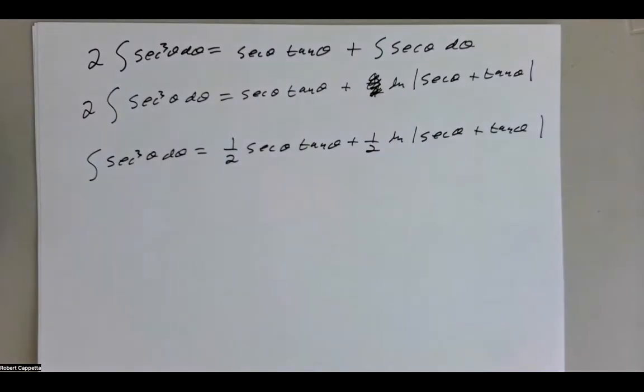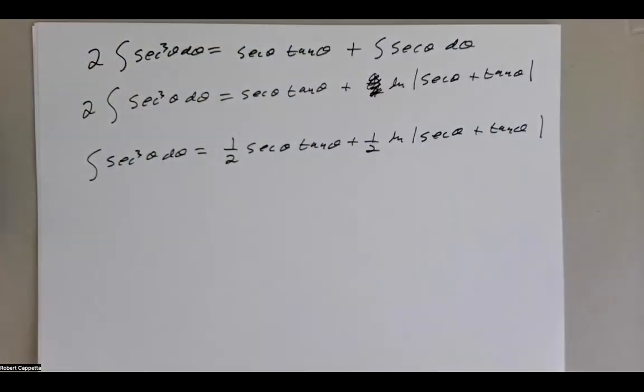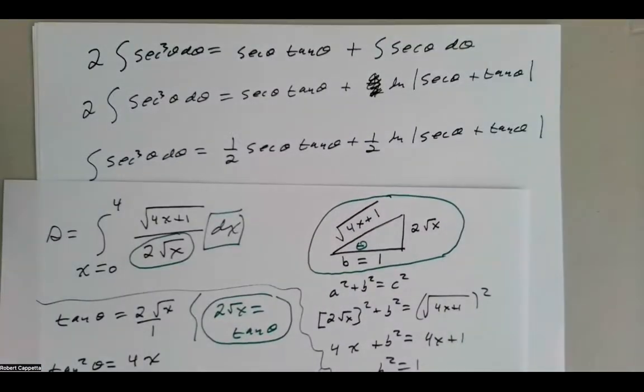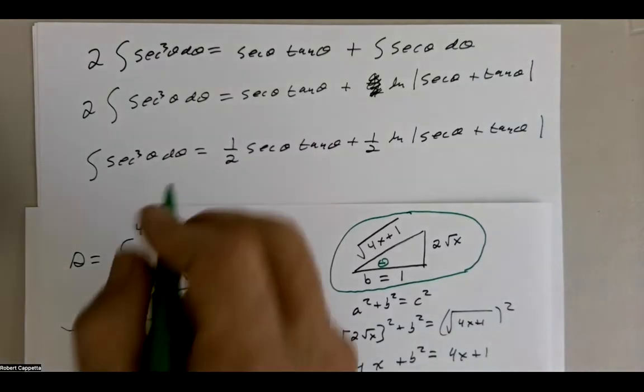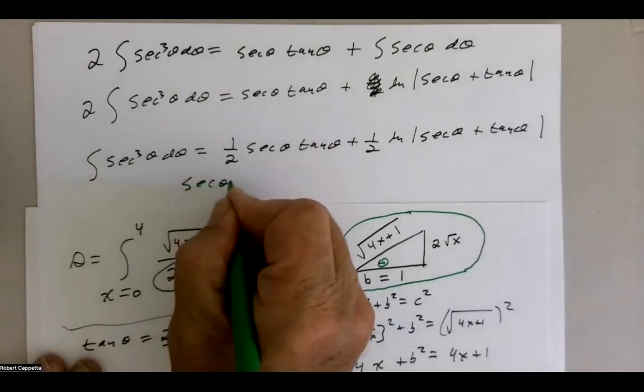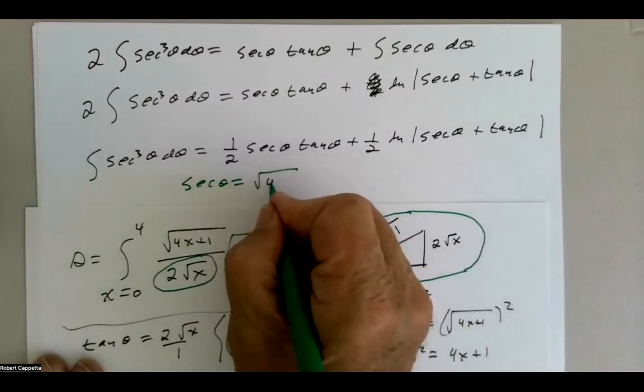Okay, well, we need to go back and look at our triangle. What was our triangle? It was on this page. Cosine is 1 over root 4x plus 1, so secant theta is root 4x plus 1, hypotenuse over adjacent.